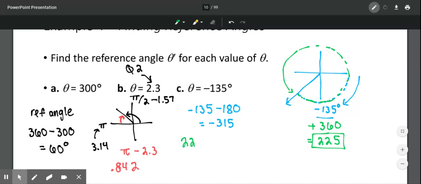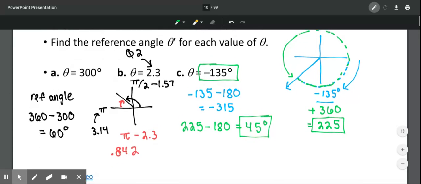So if we did 225 minus 180, then we would get 45 degrees for our reference angle, and that would be what puts us in the first quadrant. So if you start with a negative, find a positive angle that would be in that same spot by adding either 360 or 2 pi, and then you can find that reference angle.